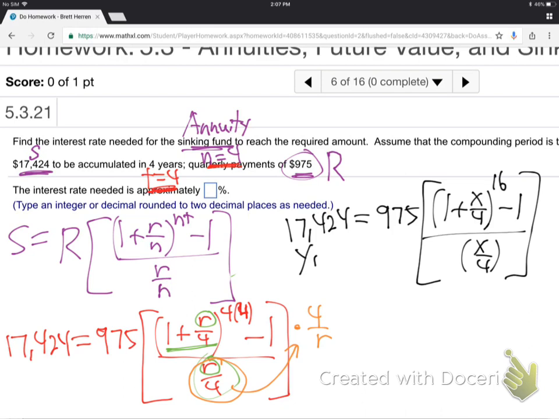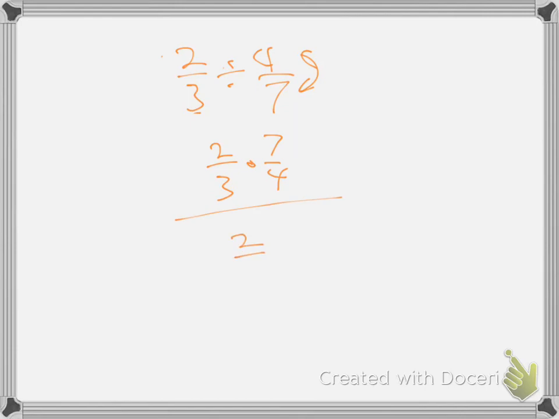Whenever you divide by a fraction, why? I don't want that just to be something Miss Heron says. What about 2/3 divided by 4/7? Remember how to divide fractions from earlier? You flip the one on the right, make it 7/4, and change to times. That's the same thing as 2/3 over 4/7, right?